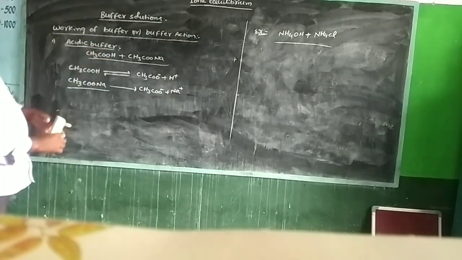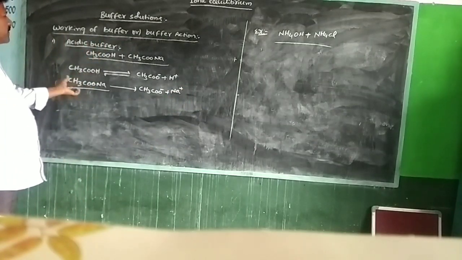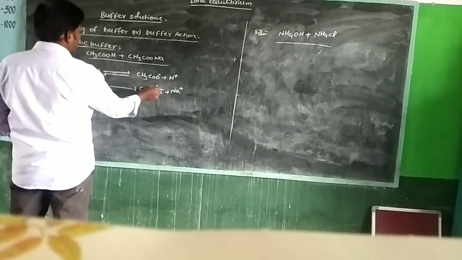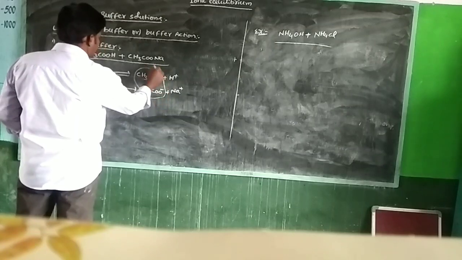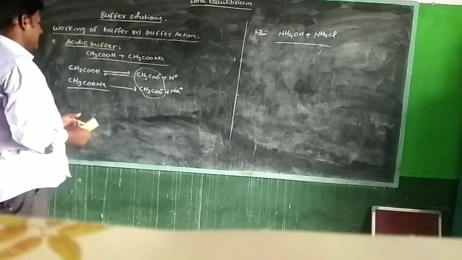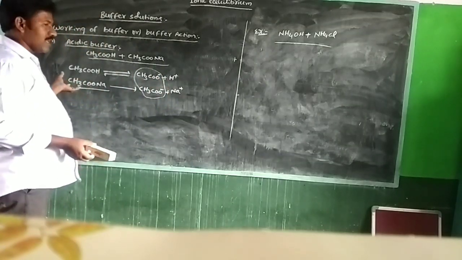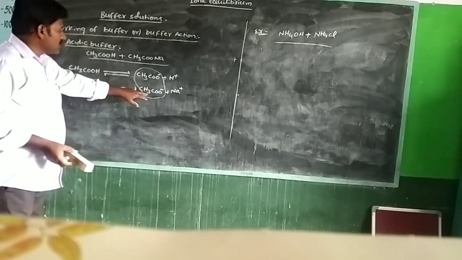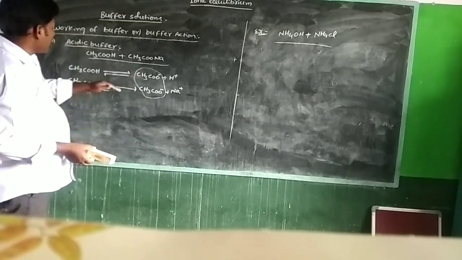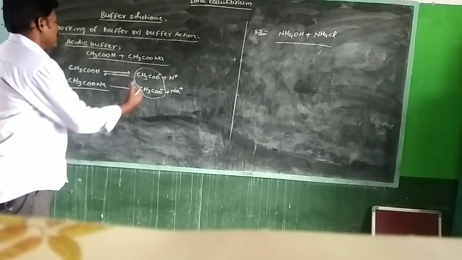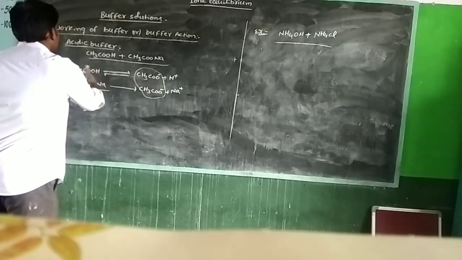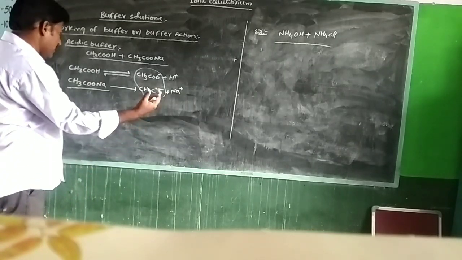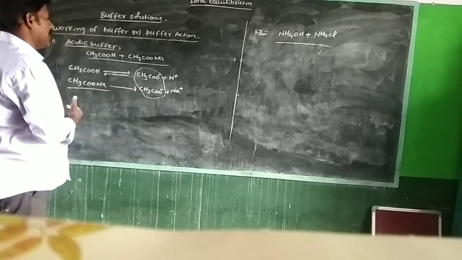When a strong electrolyte is added to a weak acid, there is the common ion effect: acetate ion will be formed, and the equilibrium will shift to the backward direction.